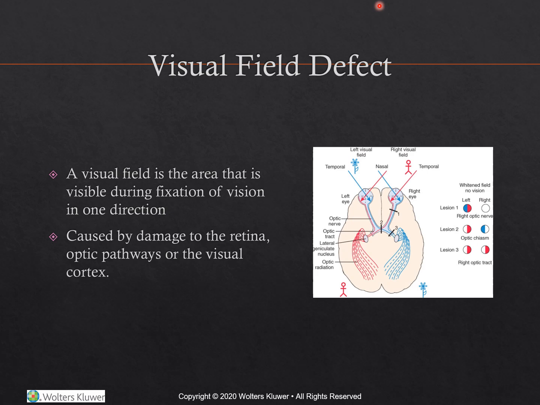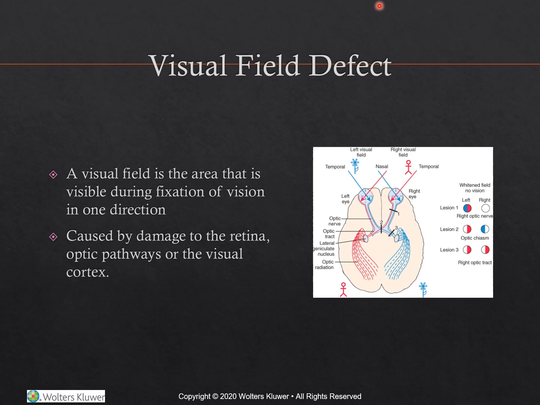Lesion 1, a lesion to the right optic nerve, produces unilateral blindness, so just on one side. Lesion 2, which would happen in the optic chiasm, may involve only those fibers that originate in the nasal half of each retina, which cross to the opposite side in the optic chiasm.